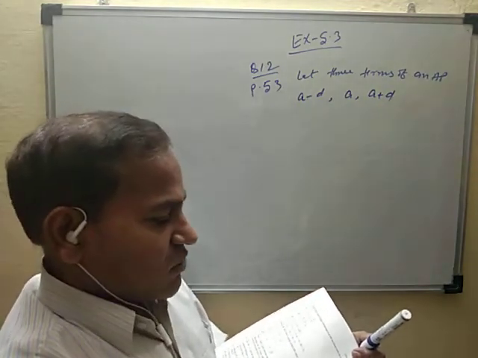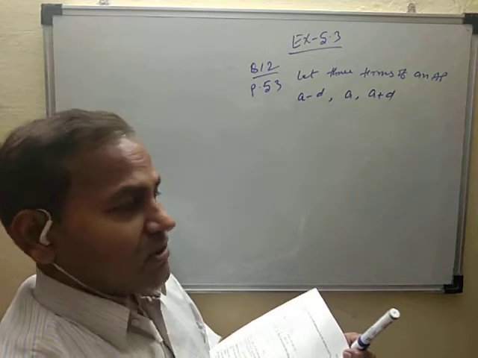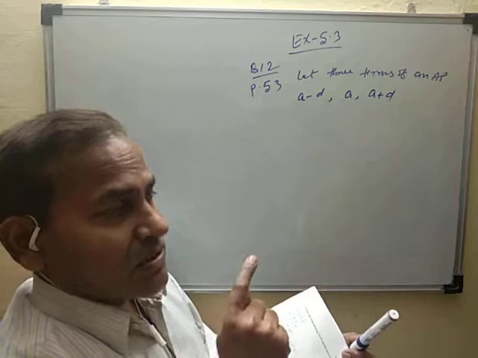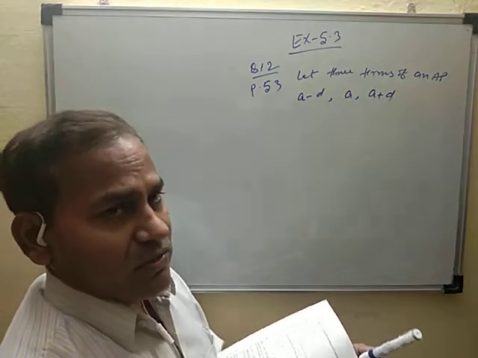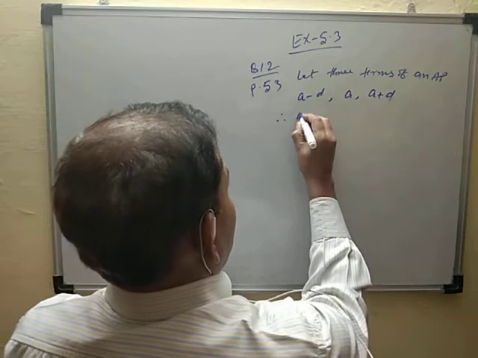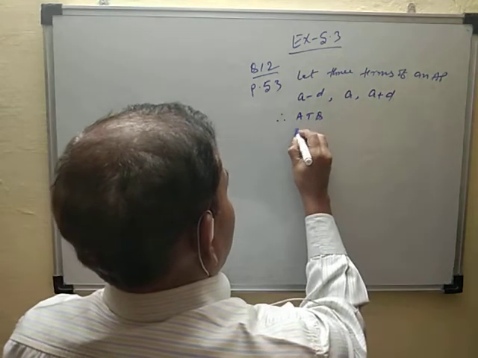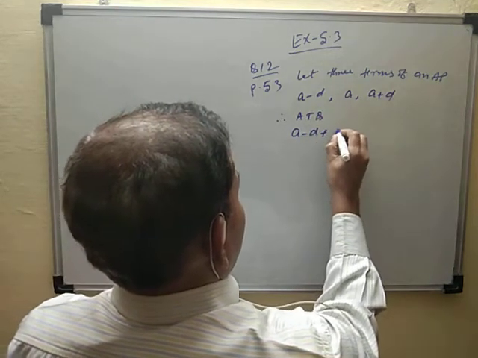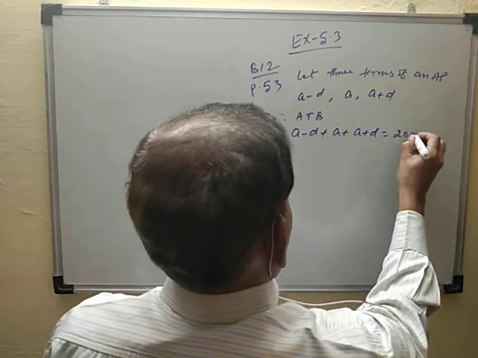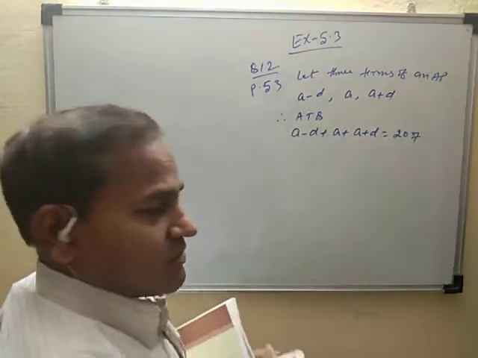And given, split 207 into 3 parts. So these are the 3 parts of 207, that is, their sum is 207. Therefore, according to the question, A minus D plus A plus A plus D is equal to 207.